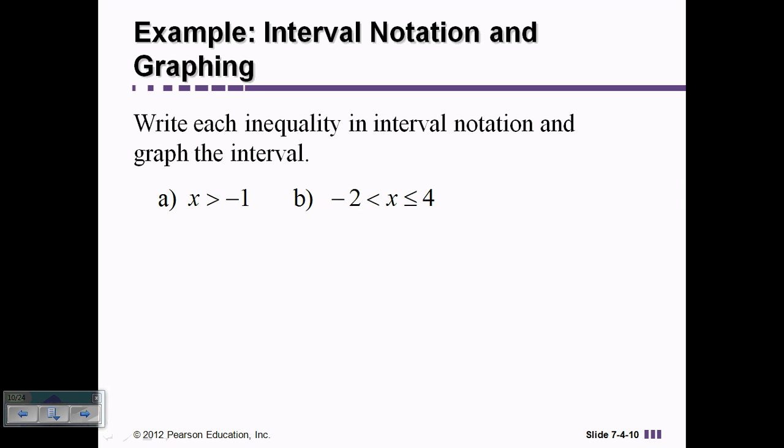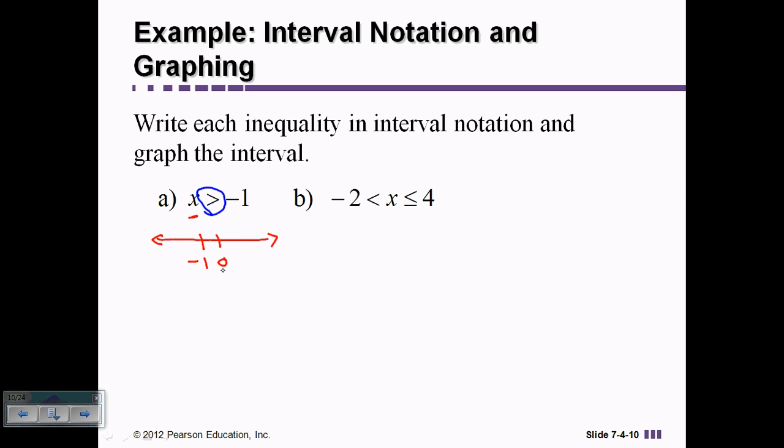Okay, so write each inequality in interval notation and graph the interval. So x is on the left-hand side. We're going to graph our number line. We're going to place the number -1 on the number line. Now, I've always wanted to put 0 in there, so here's my -1. This symbol here is just greater than.